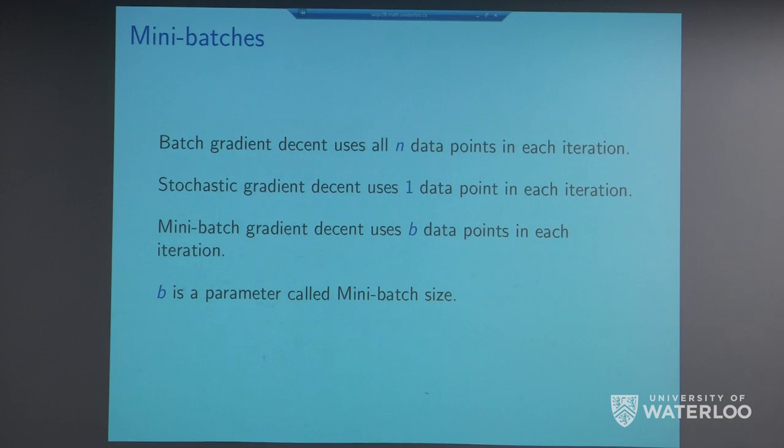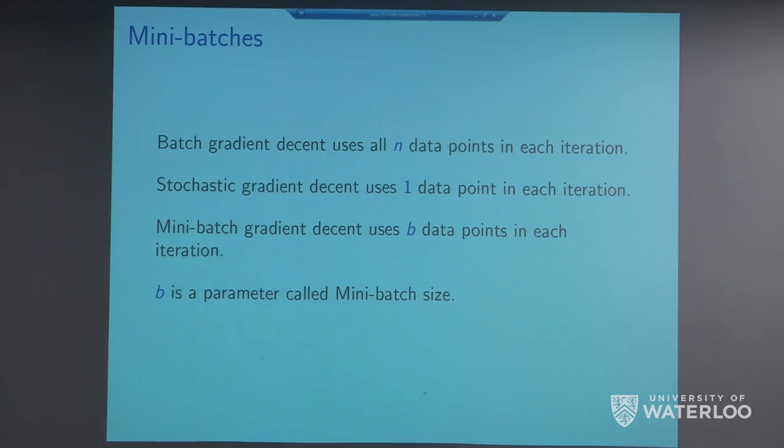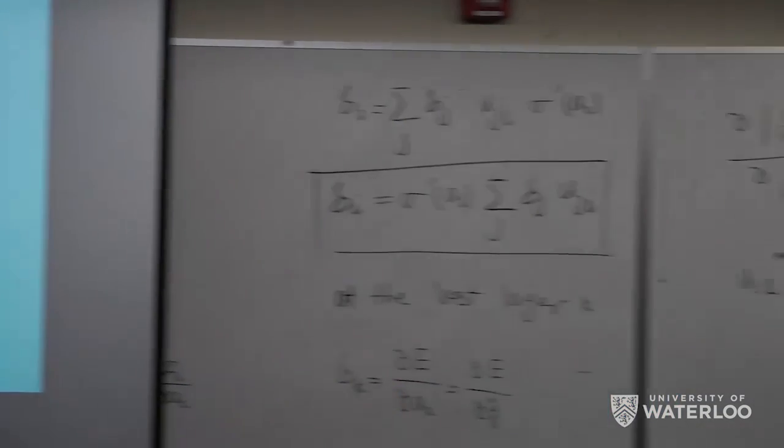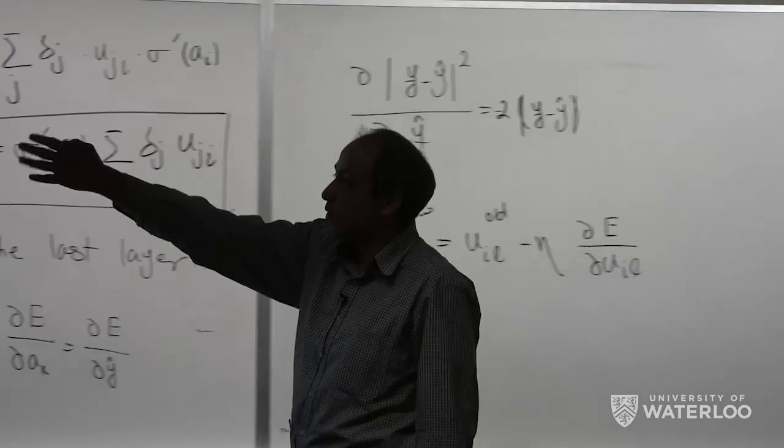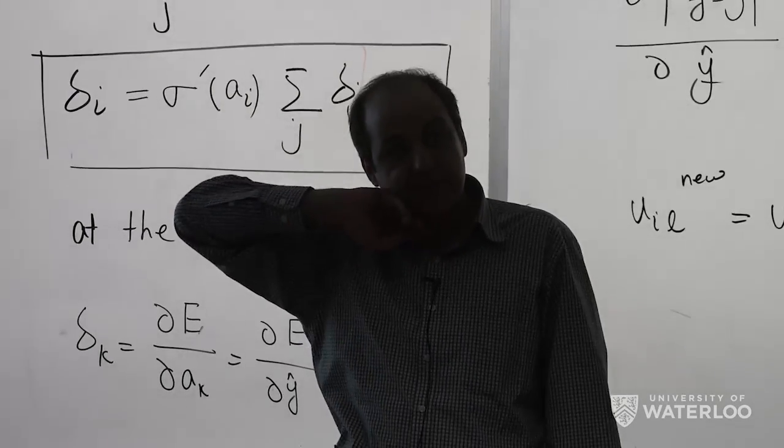Yes? How long would it typically take to train your weights for a typical neural network? Well, there is no typical neural network. It depends on how many nodes you have, right? These days we have deep networks, and a deep network is basically a neural network with many layers.